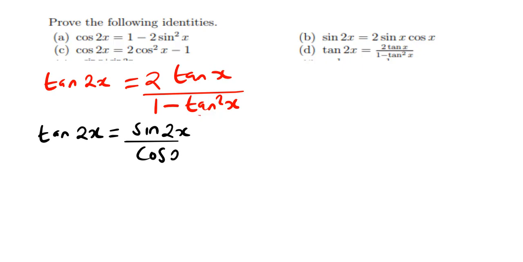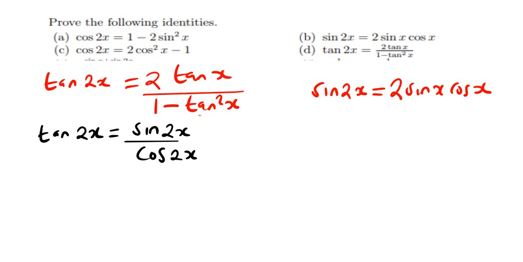So what is sine 2x and what is cos 2x? These are the double angle identities, and we've just talked about them. Sine 2x, we've been talking about it, is just the same as 2 sine x cos x.